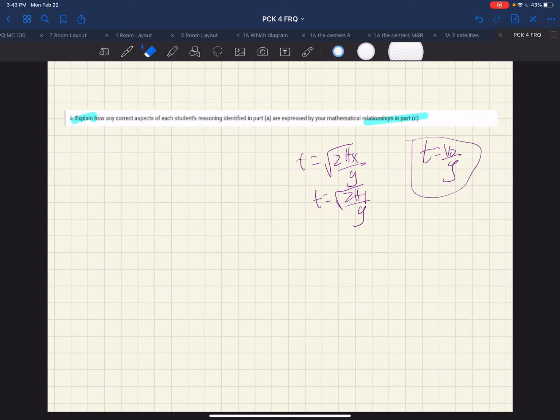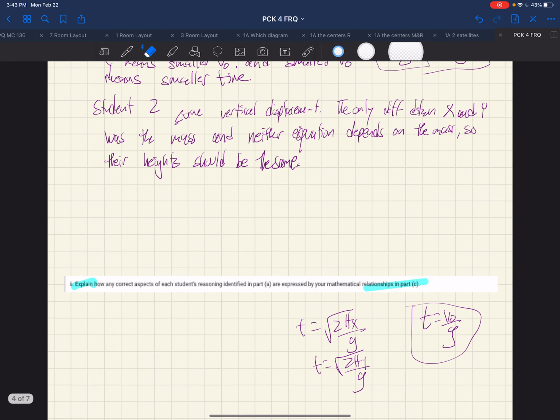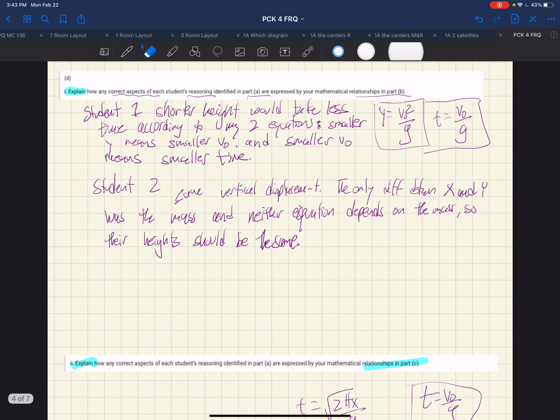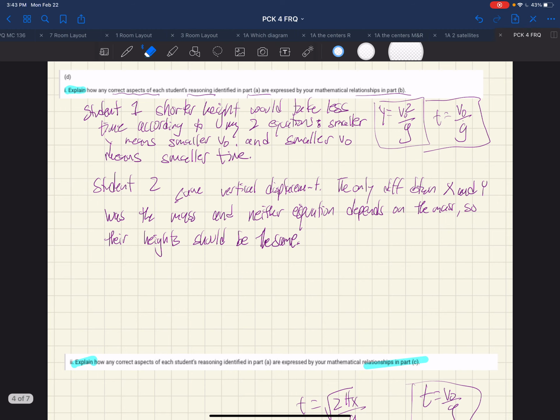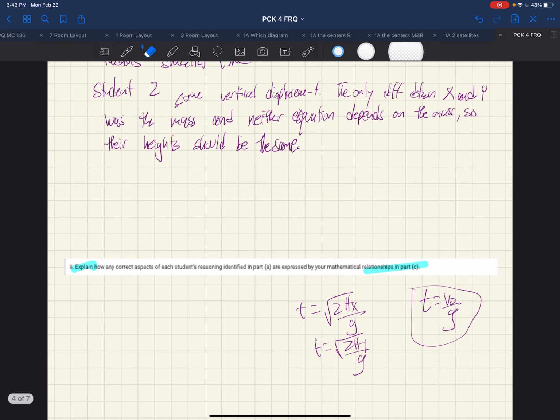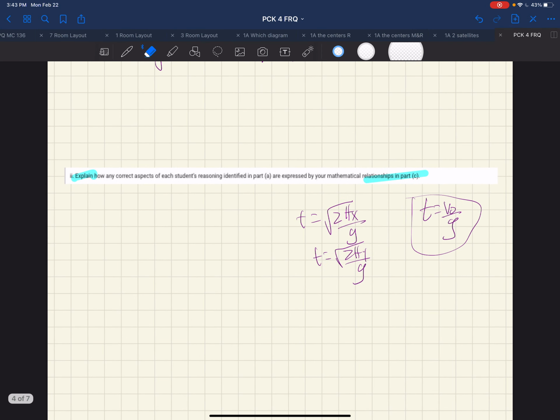So again, we have correct aspects here. The kinetic energy doesn't relate at all to our equations, since these are all kinematic equations. So shorter height will take less time is again confirmed. Student 1, shorter height, less time is confirmed.